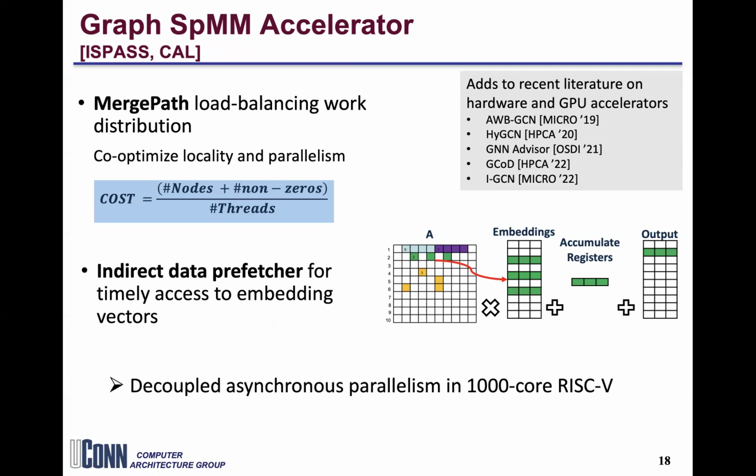So you have to really time these loads ahead of time to really take advantage of prefetching as an idea. So we looked at some of these ideas and developed some decoupled asynchronous paradigms to accelerate the SPMM operator.